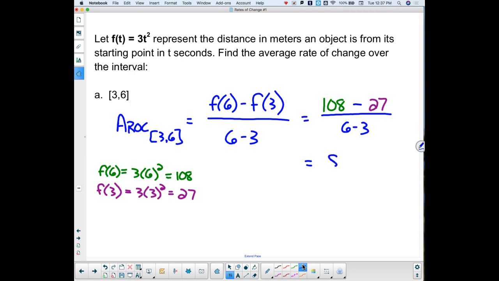What's that, 81 over 3? So my AROC is 27 meters per second.